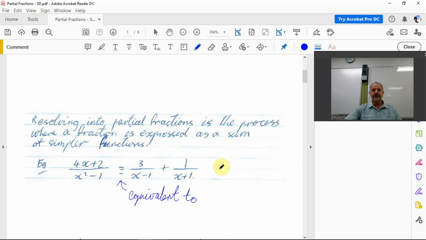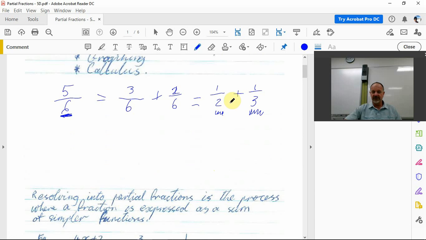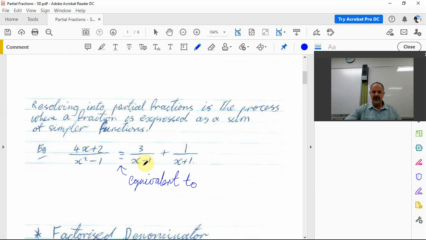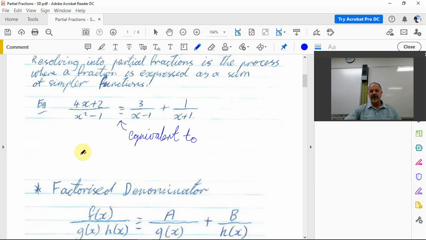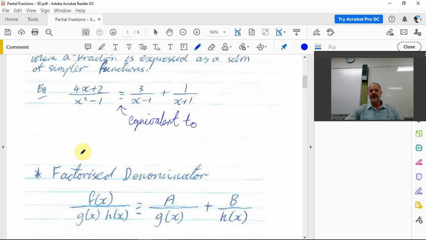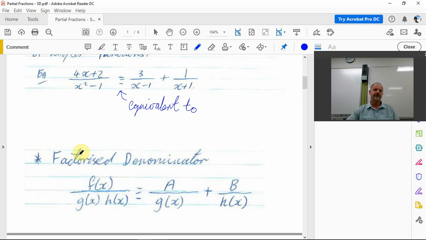All right. So as I mentioned up here, these denominators are factors of that, and when you look here, these two are factors of x squared minus 1. So if we have a factorized denominator, there's some templates that we use to do this.